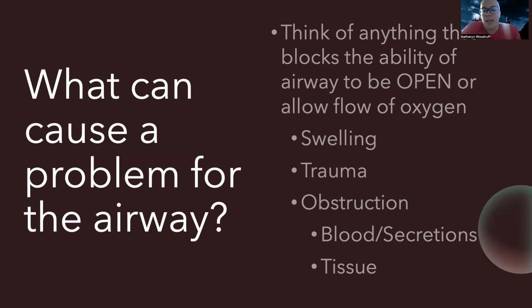So when we talk about airway patency, or when we talk about airway being our top priority, what we're talking about is that if I don't have an open tube, or if there's stuff in the tube, or if the tube is swollen, I'm not going to be able to get oxygen in. It's all about the openness, the ability for oxygen to flow in my airway.